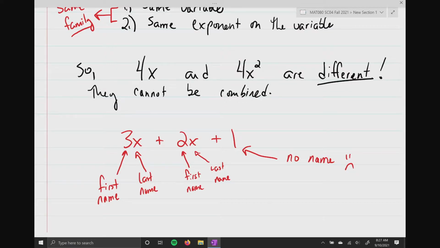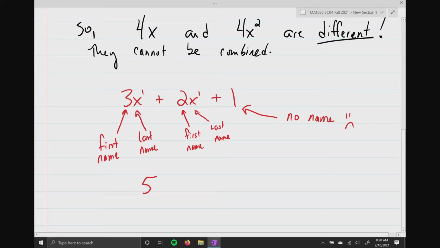Now, once you've established that the 3x and the 2x have the same last name, in other words, they have the same variable, and that variable is raised to the same exponent, which in this case is both the number 1, all you got to worry about is what's 3 plus 2. And last time I checked, 3 plus 2 is 5, and the last name would be x.